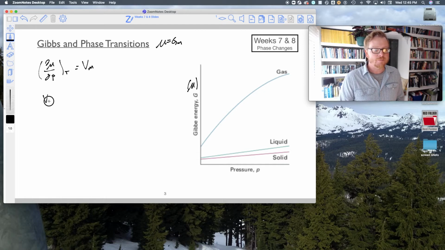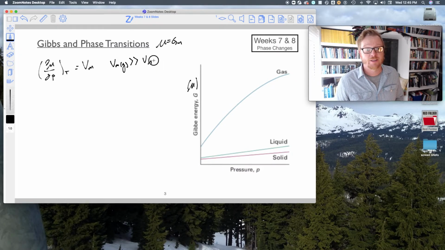Okay? And we also note that the molar volume of a gas really is much greater than the molar volume of a liquid, which in most cases is greater than the molar volume of a solid, except water.